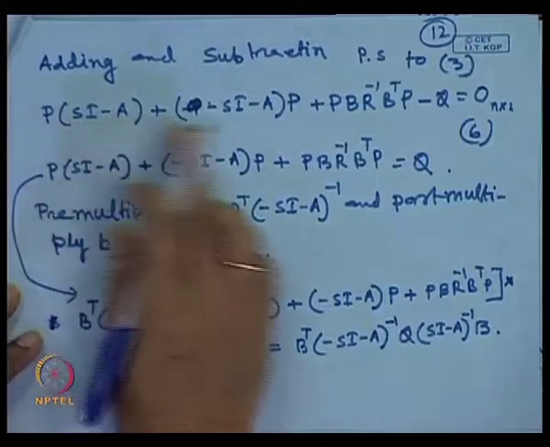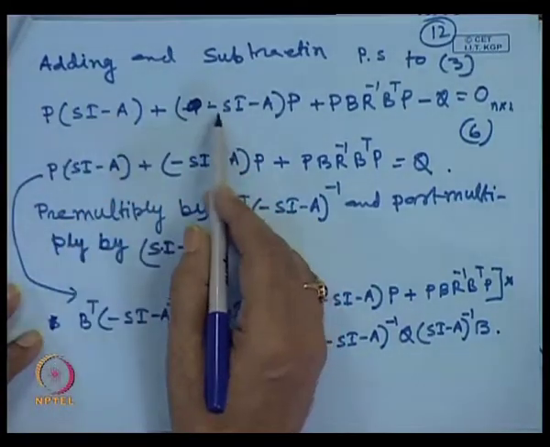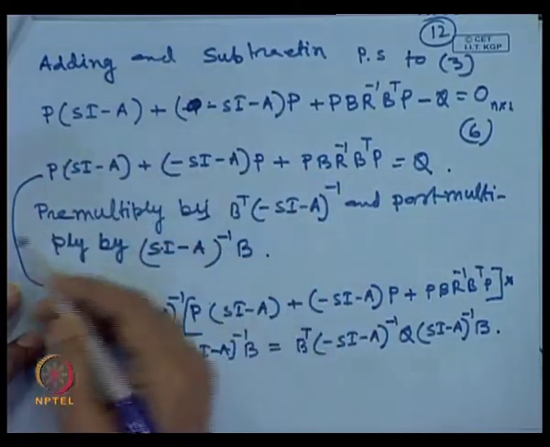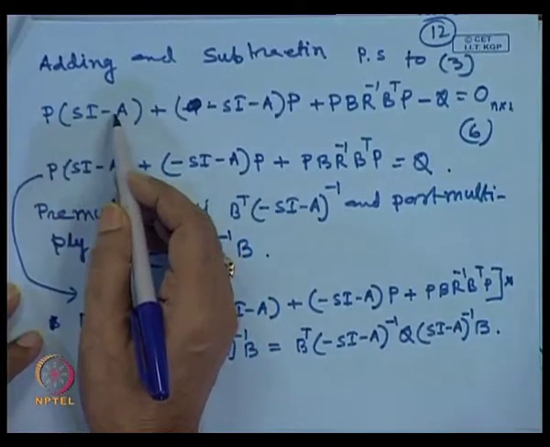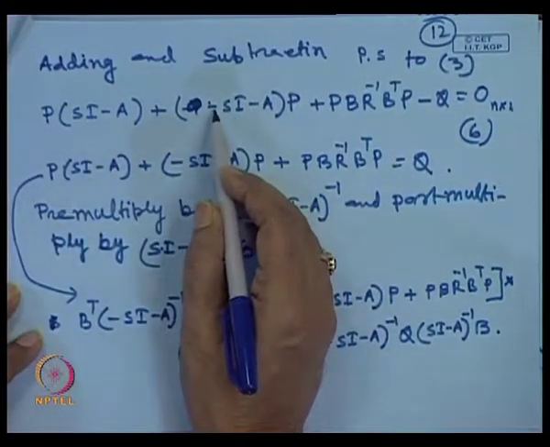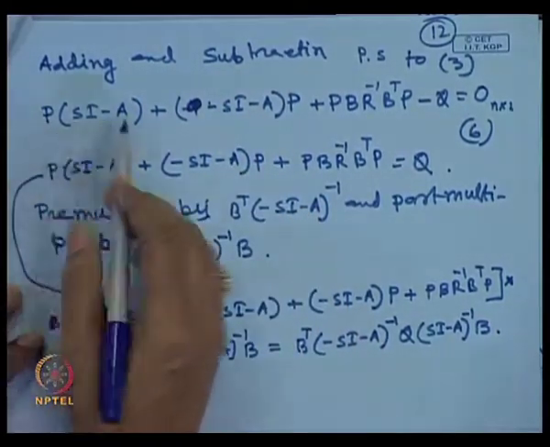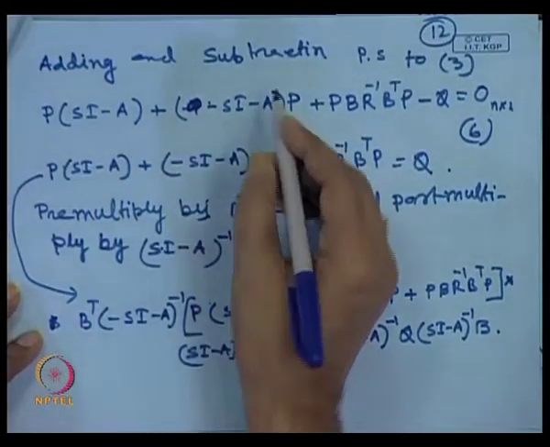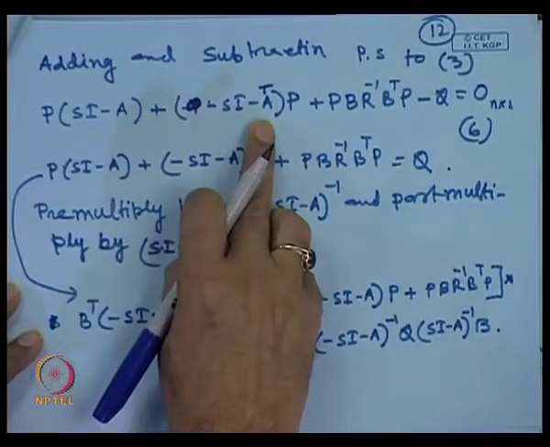If you add and subtract, then this is P s I minus P s I, so that cancels. Now this is P A minus P A, and here it should be A transpose, because our basic equation has A transpose.